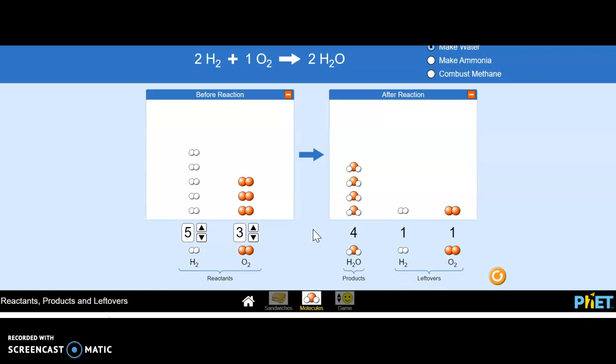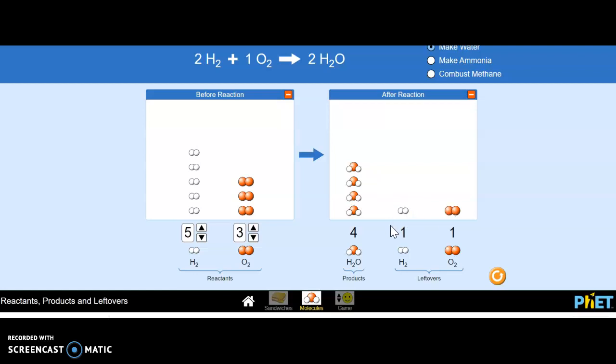Now, here again, we're talking about molecules. These are both diatomic, so therefore they have to be paired. So the one here that is actually our limiting reagent is going to be our oxygen, because we can't make another oxygen even though we have, oh, I'm sorry, wait a second, 2, 4, 6, 8, 10.